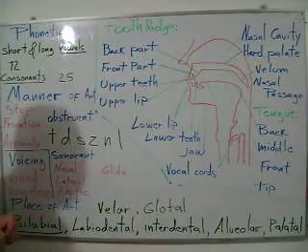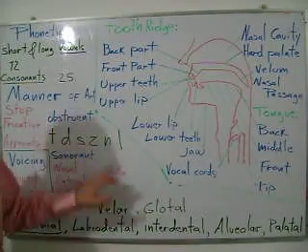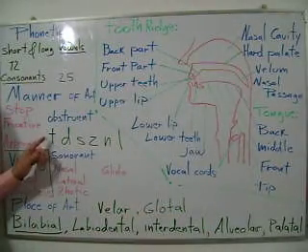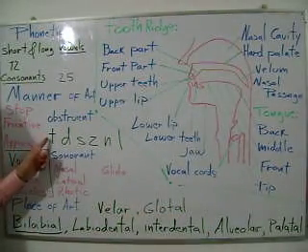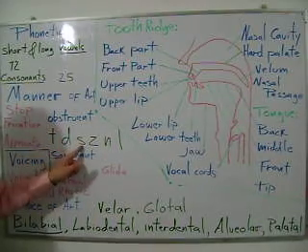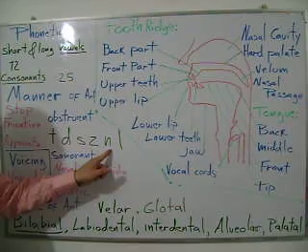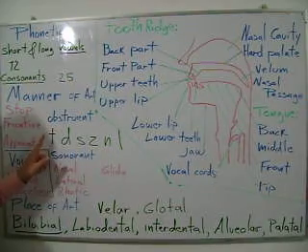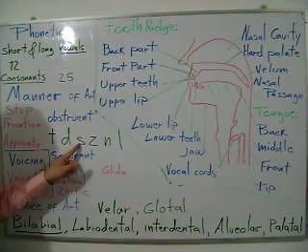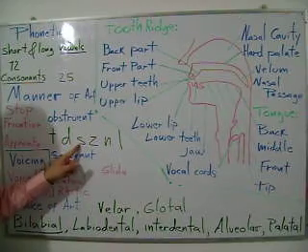All of these are alveolar. Some of them are voiceless, as this one. You have voiceless, voiced, voiced. Fricative, fricative, this one is fricative too.